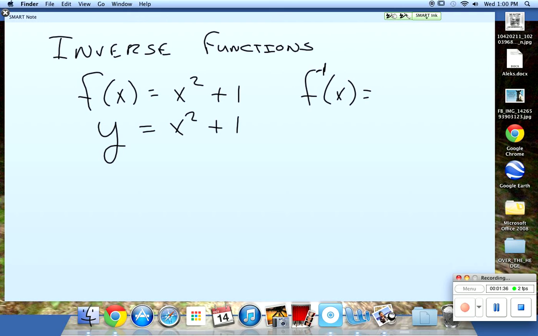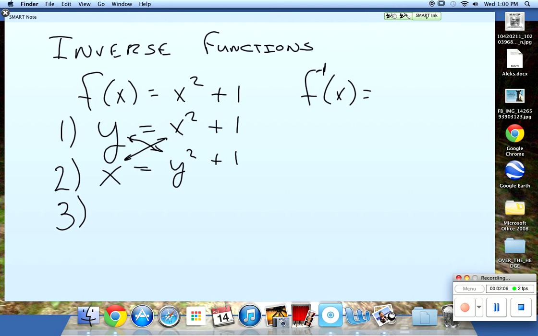That's the first thing we do. That's the first step. Second step, we are going to switch our x's and y's around. X equals y squared plus 1. Notice how I switched my x's and y's around. Third step is going to be solve for y.